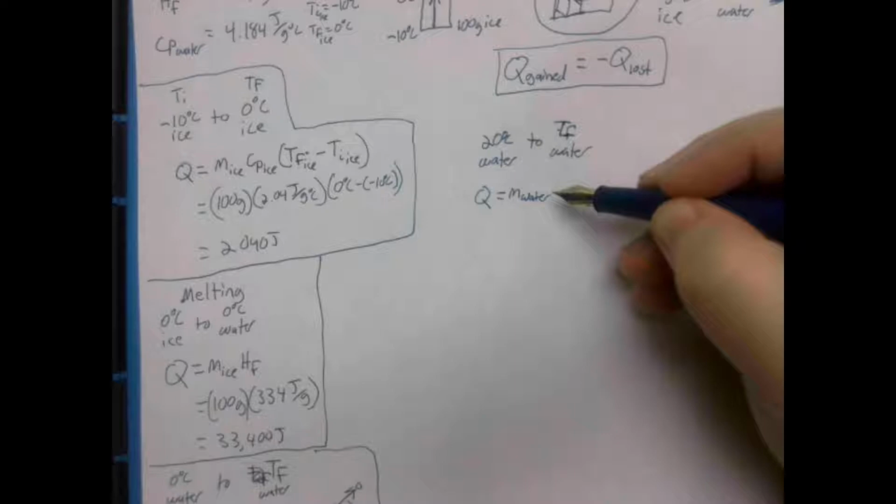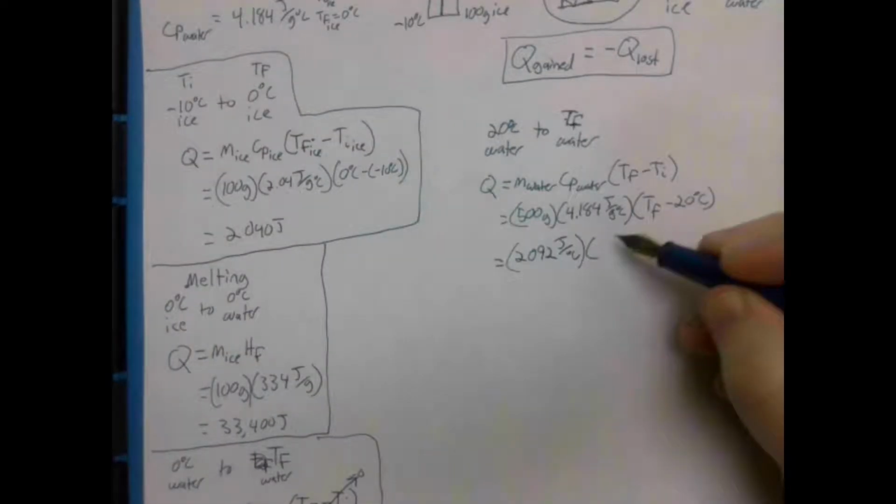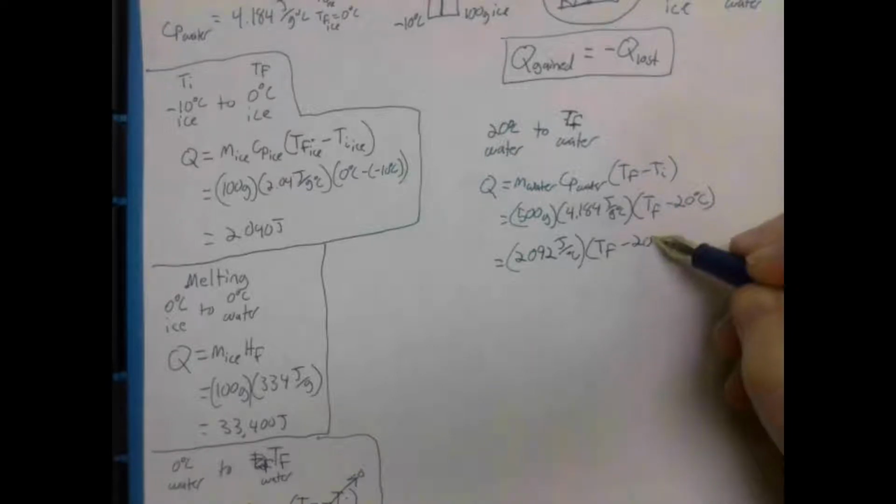So 500 grams times the Cp of water is 4.184 joules per gram degree Celsius, Tf minus 20 degrees. So 500 times 4.184 is 2092. Grams cancel out, so joules per degree Celsius times Tf minus 20 degrees Celsius.